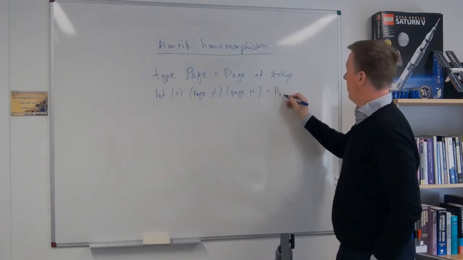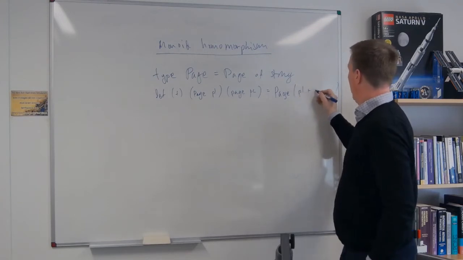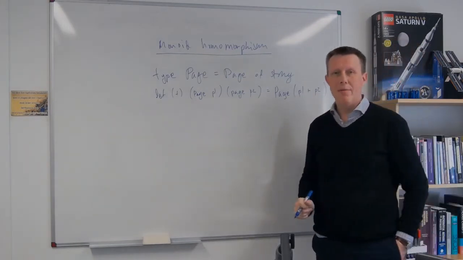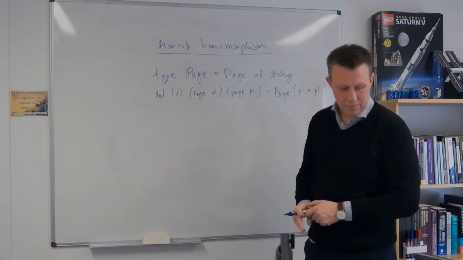All that we do is say Page of P1 plus P2. Since these are strings, we can just add them. So now we have added two pages.